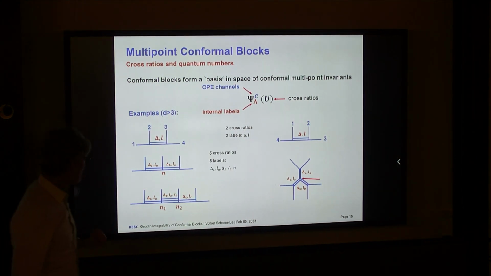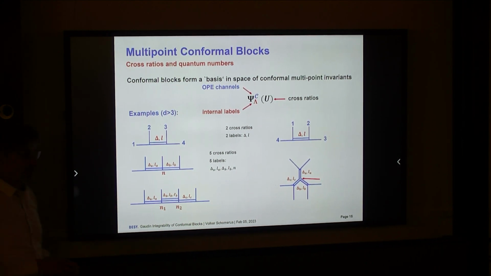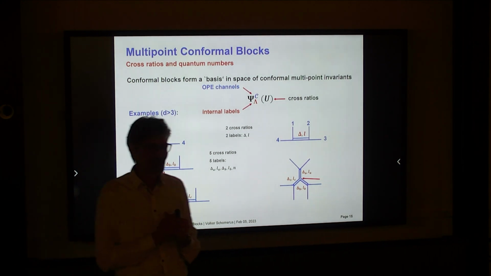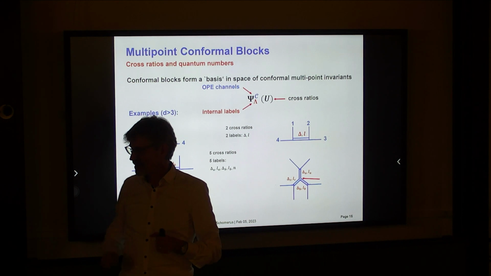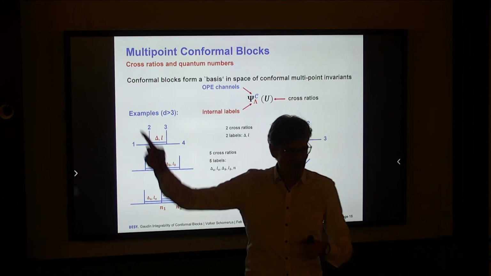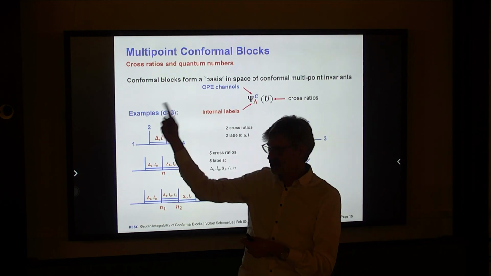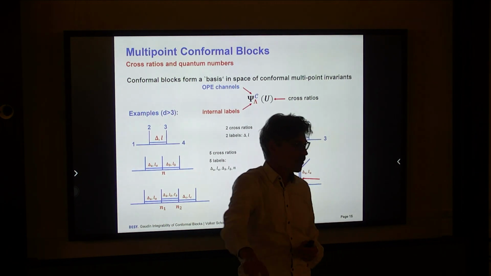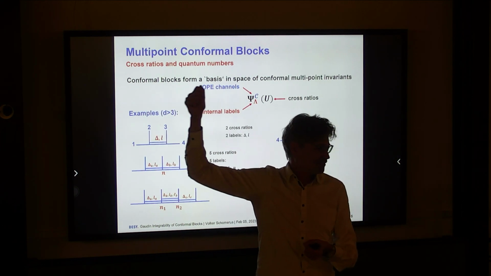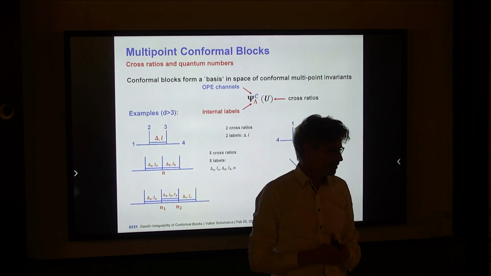Now let's go to 5-point functions. For 5-point functions, you can compute the number of cross ratios in 4D. We had two for the 4-point function because we used this rotation around the line to bring the points to the plane. If we have another point, we still have an SO(d-2) left, which we can use to bring this point to a 3-dimensional space.